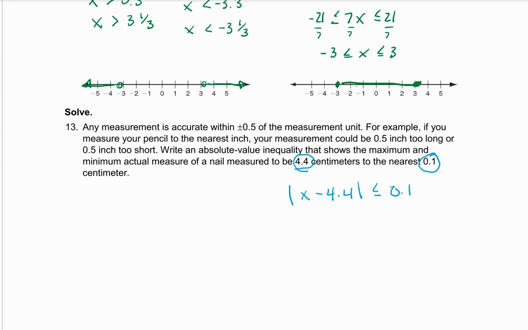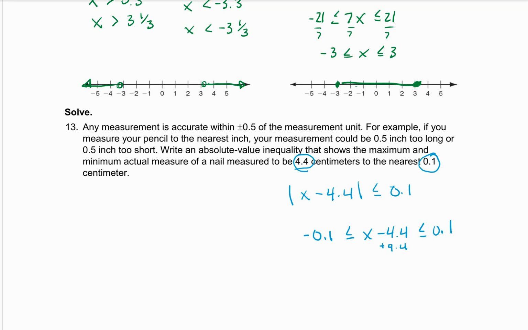So I could be 0.1 either direction. So when I'm going to solve this, this is a less than situation. So we would have negative 0.1 less than or equal to x minus 4.4, which is less than or equal to positive 0.1. And I'm going to add that 4.4 to each side.